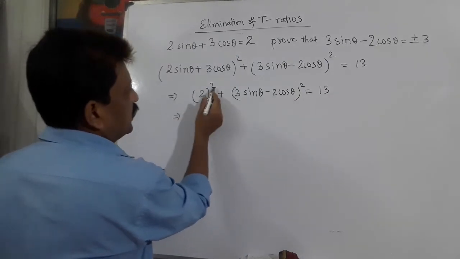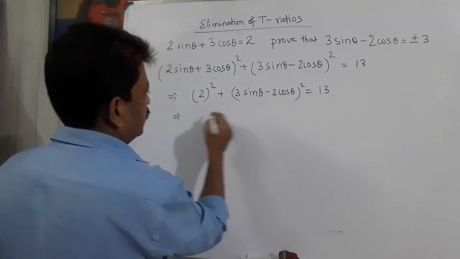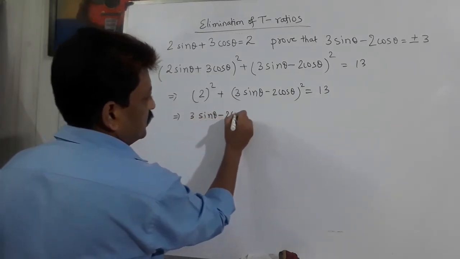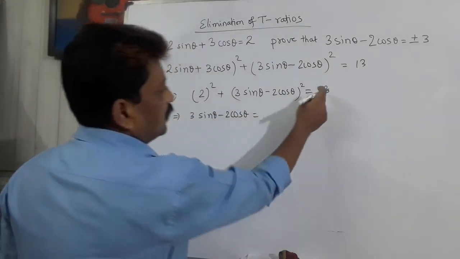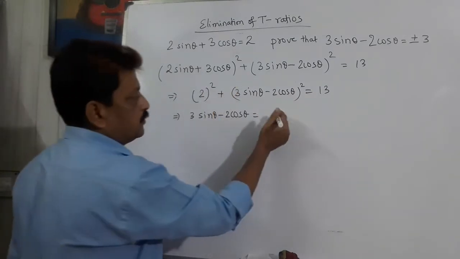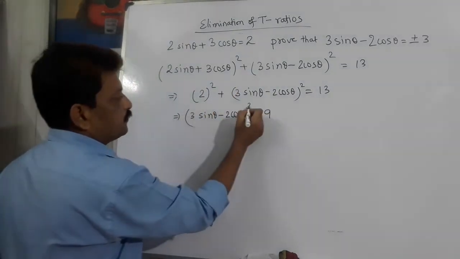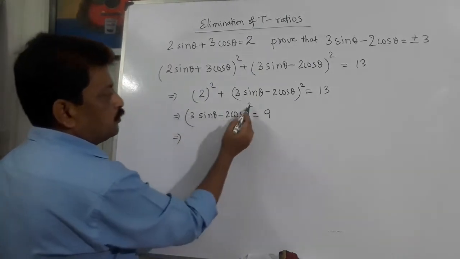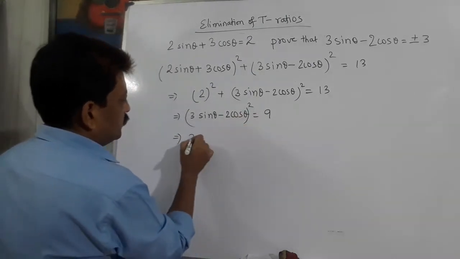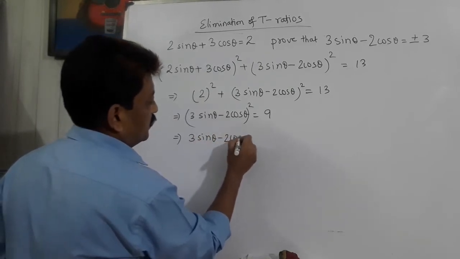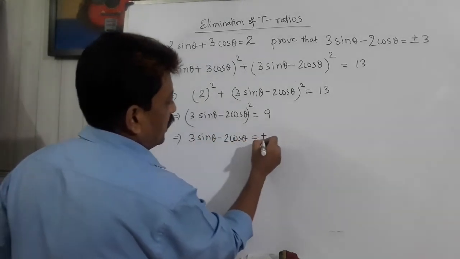So this 2 square equals 4. 4 will go to that side. So (3 sin theta minus 2 cos theta) whole square equals 13 minus 4, that gives 9. Now if we remove the square, then 3 sin theta minus 2 cos theta equals plus minus 3.